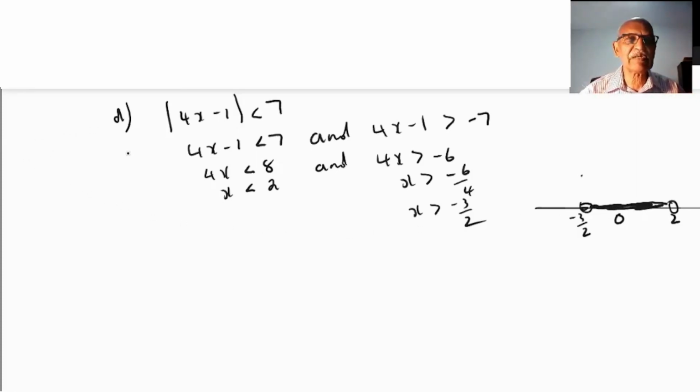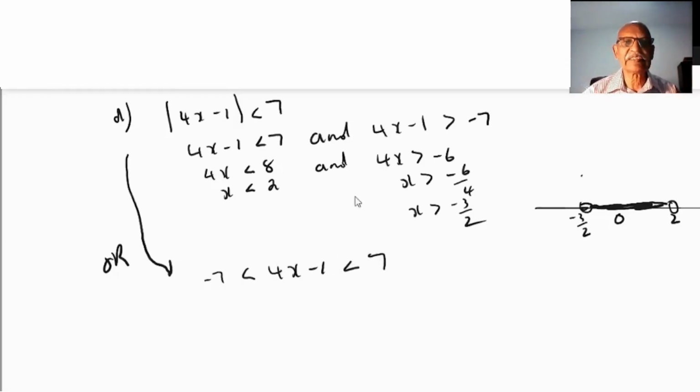This question here can be solved also this way, or I can do compact form. To do compact form, I start with the negative one. Negative 7 less than 4x minus 1 less than 7. This is the same as the whole thing here.